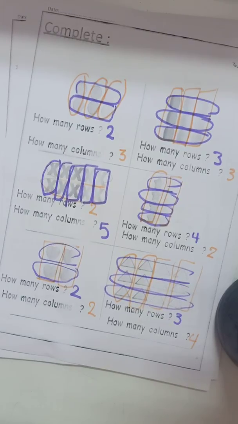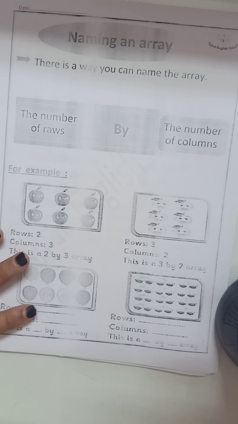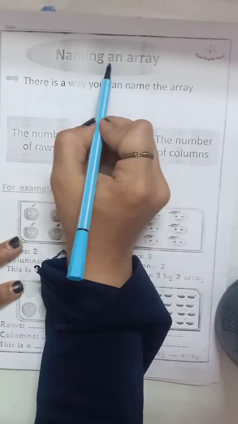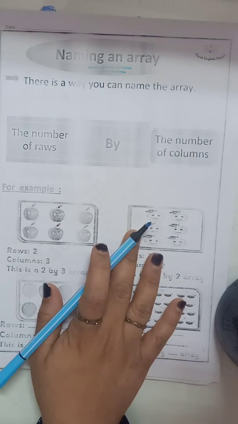Okay, my name is Miss Yara and your name is, for example, Muhammad and Ahmed. So any array has a name. How do we get the name of an array?